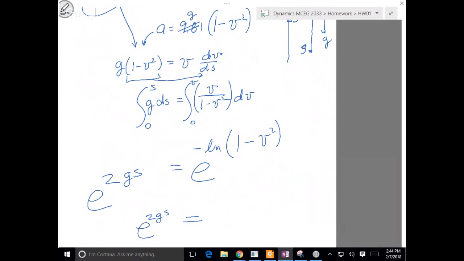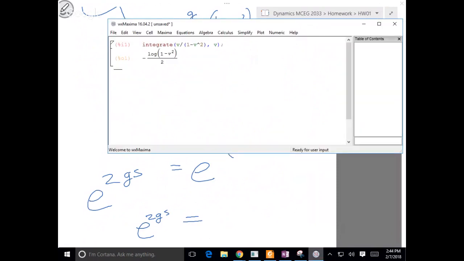Did y'all get it figured? Okay, I think that's what this one had, but it was written kind of funny. Minus, I think that log is natural log. 1 minus V squared all over 2? Okay.